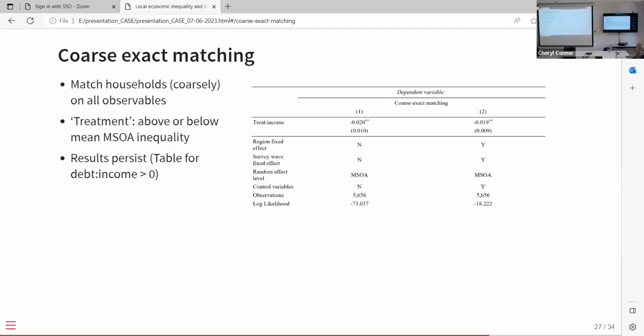So we're matching them on observables. There's a smaller sample size when you do this, and still there's a negative interaction between the income and treatment. I'm not saying this is causal. There are still some threats to causality, which I'll discuss towards the end. But it's getting rid of all observations which don't have a match in a low or high inequality neighborhood.